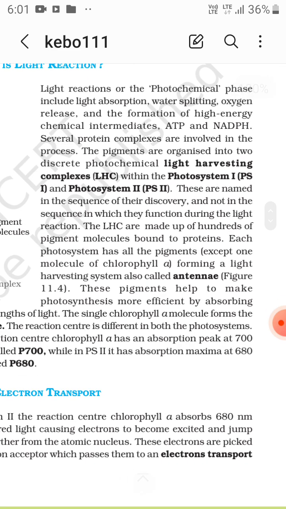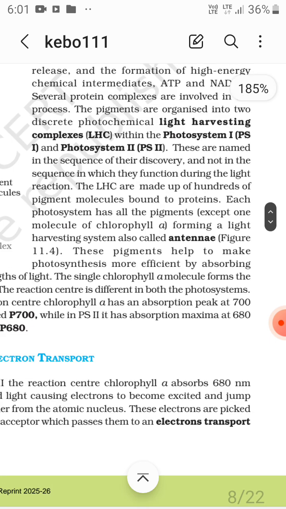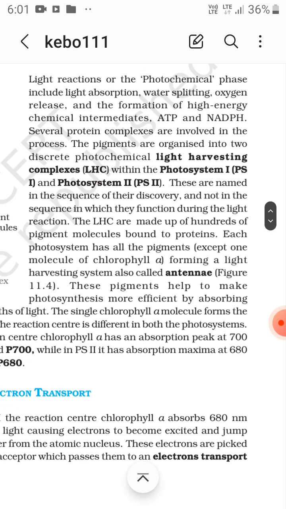Each photosystem has all the pigments except one molecule of chlorophyll A, forming a light harvesting system also called antenna.